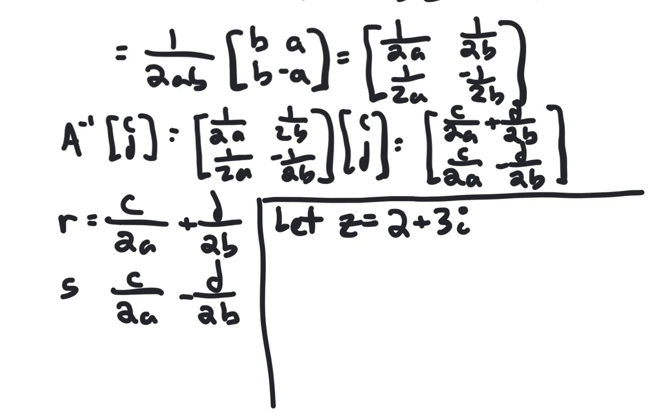And we can say, if we wanted to make the vector 1 plus i out of this here, both c and d would be 1.